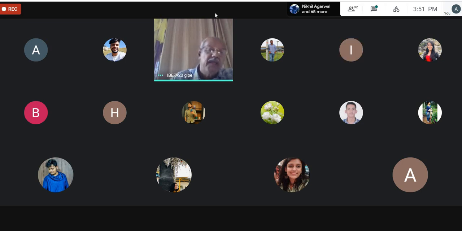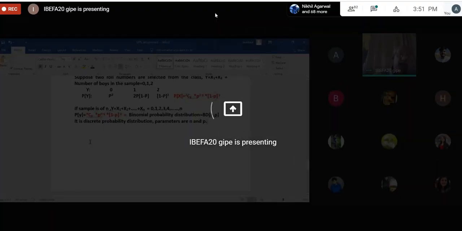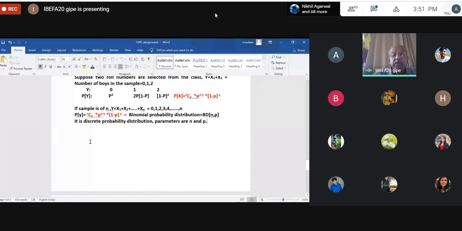Look, how many values does the variable y take in the sample of n? How many possible values does y take? 0 to n. So how many is the count? N plus 1. Correct.